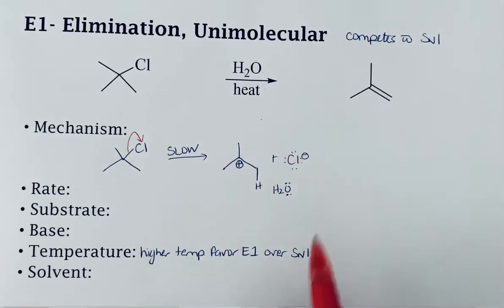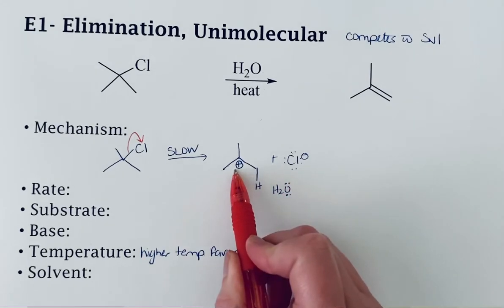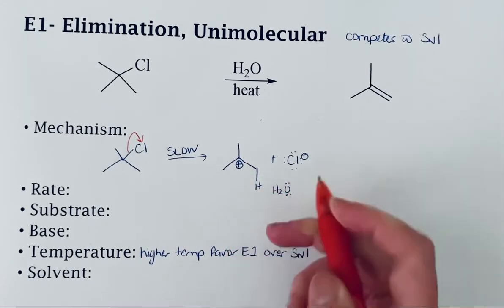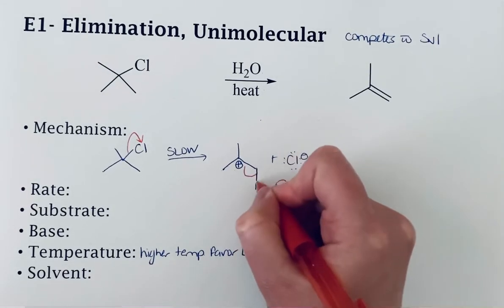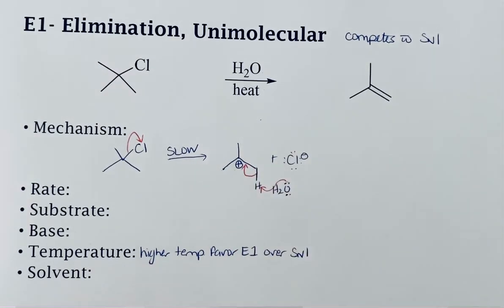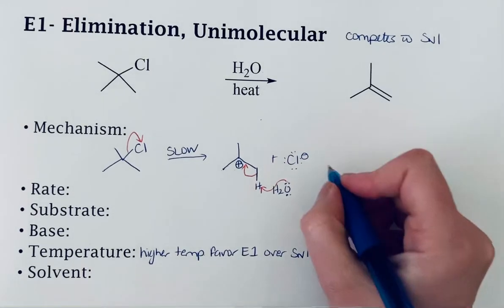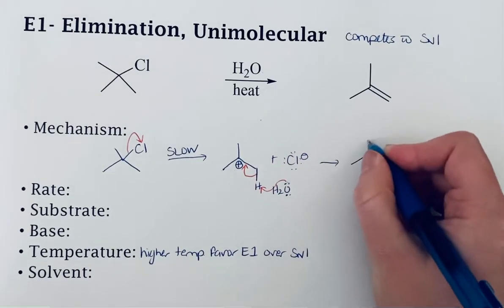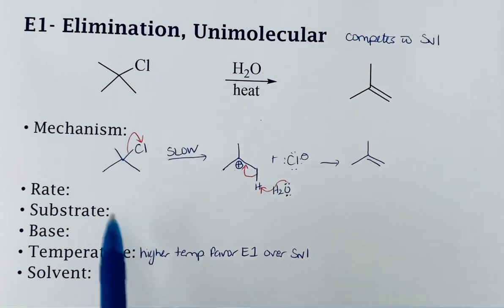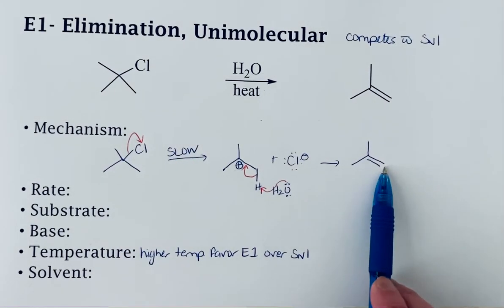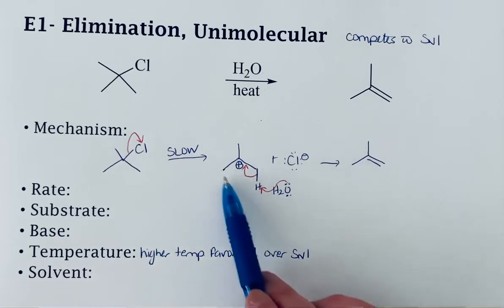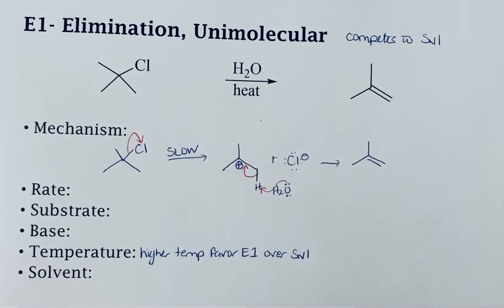So instead of this water attacking there to form an alcohol, it's going to react with a hydrogen, and then the electrons from the hydrogen-carbon bond are going to come in to form the pi bond to form an alkene. Okay, and this was a relatively simple example where we didn't have to consider where we would form the alkene. If these groups are different, you might need to think about that.